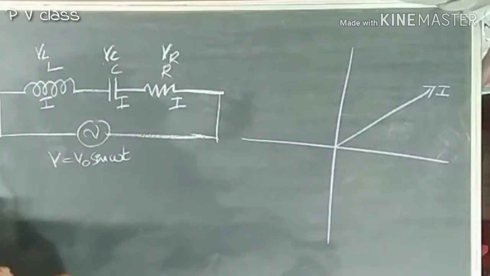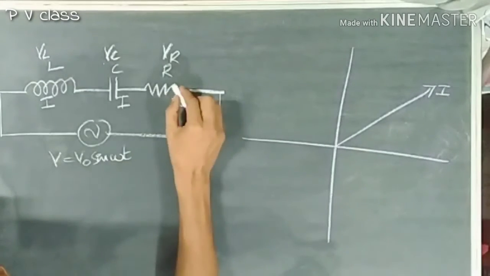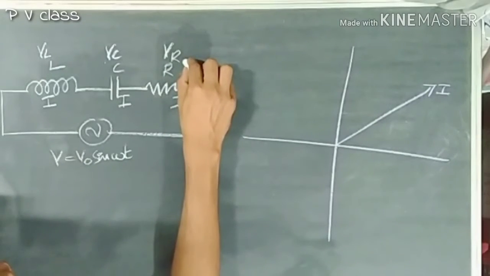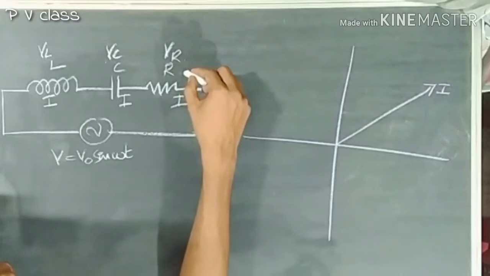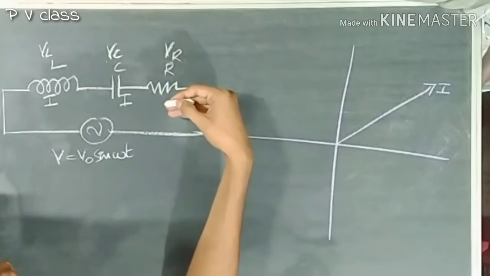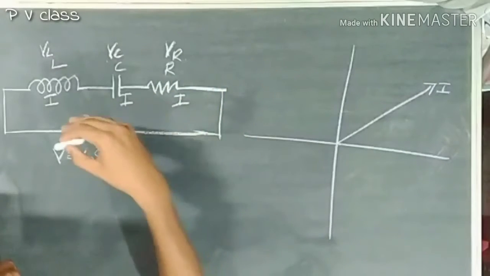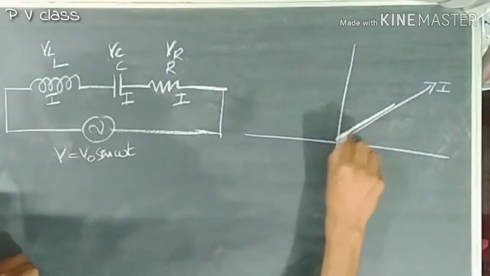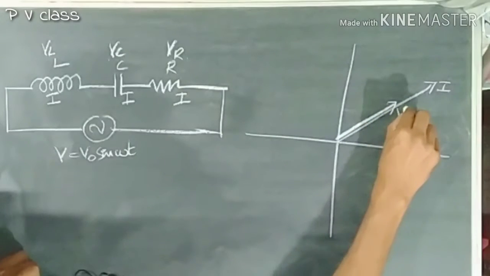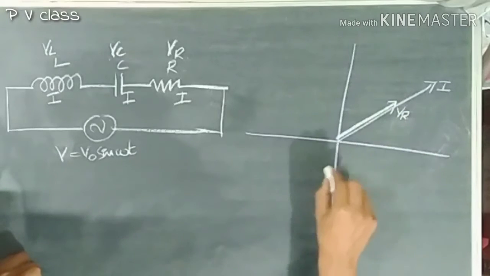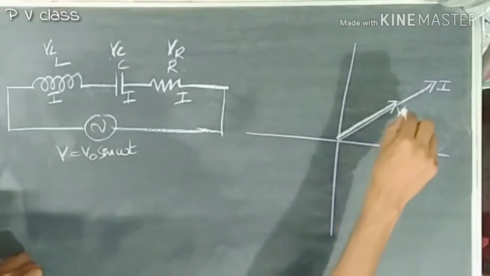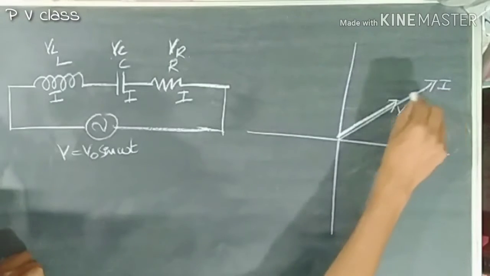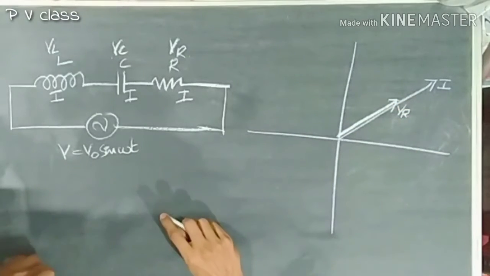And we have studied that current and voltage across resistor is in phase. VR is in phase with I. We have studied it in our previous sessions. Therefore, we could draw voltage across the resistor in phase to the current. I am drawing it like this. This is on the current phasor itself, and this is VR, voltage across resistor.